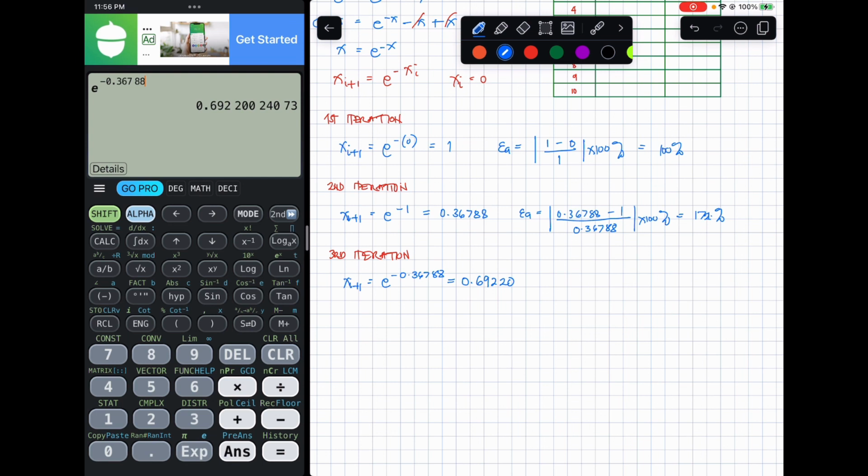And based on that, we can compute the approximate error.